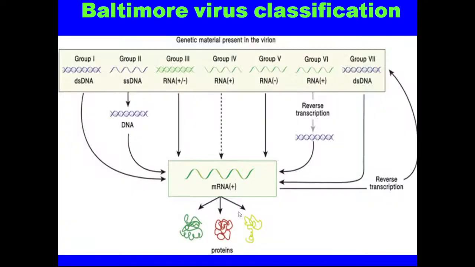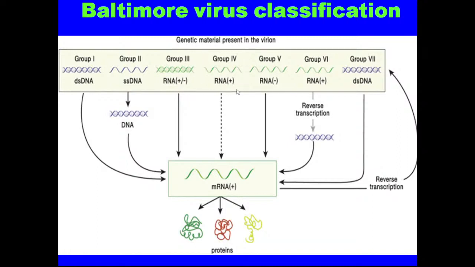Now let's take a look at the groups according to the Baltimore virus classification. We have 7 groups. The first two groups are DNA viruses, double-stranded and single-stranded. The next 3 groups are for RNA viruses. Group 3 is for double-stranded RNA viruses with negative and positive polarity.